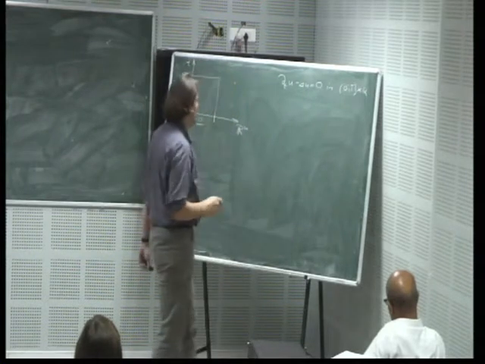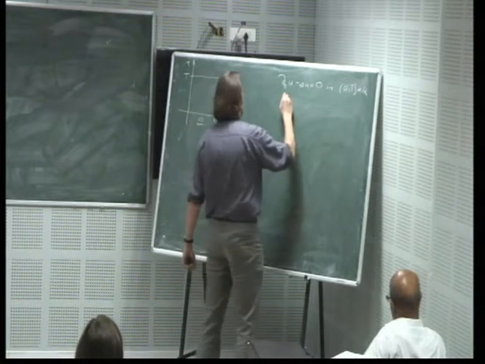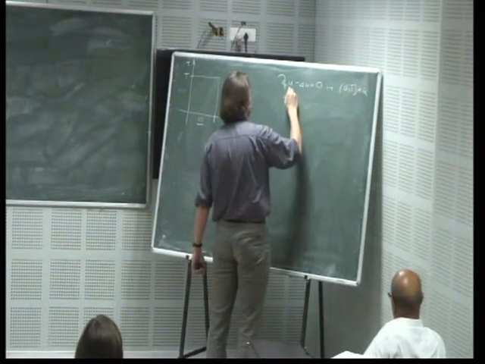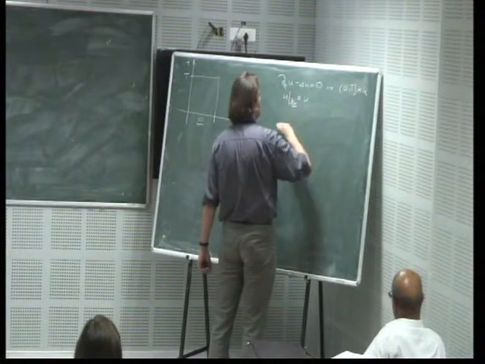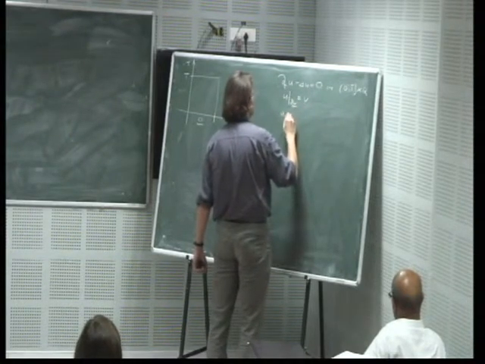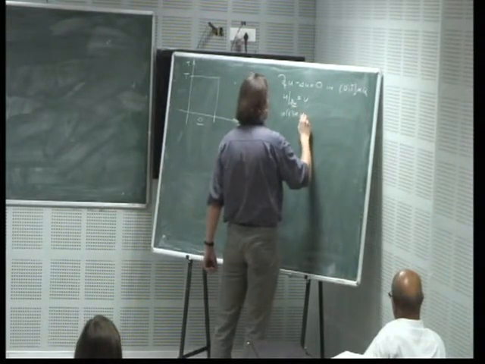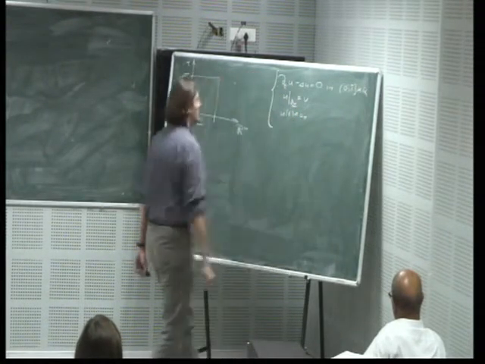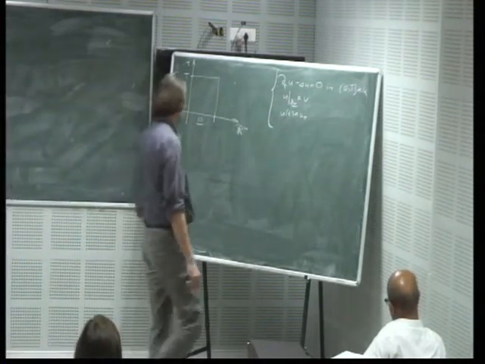Let's say that we'll have some boundary conditions given by B and some initial condition u0. This is going to be the constraint equation.